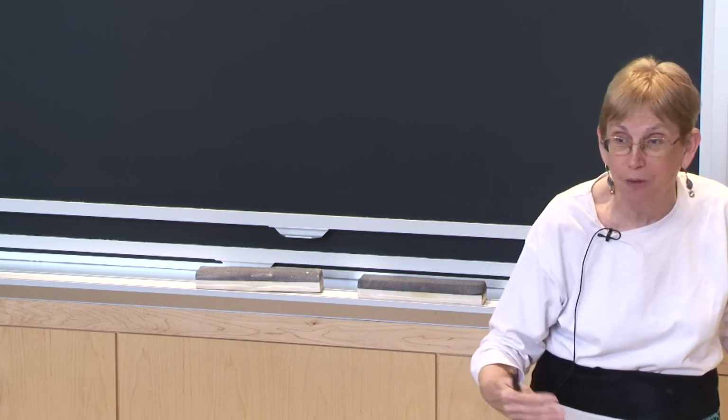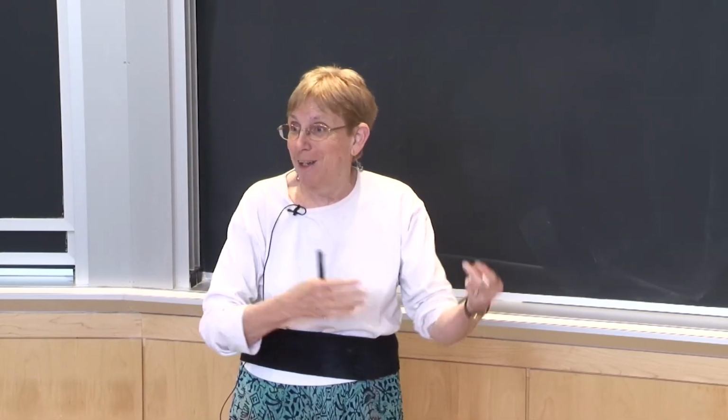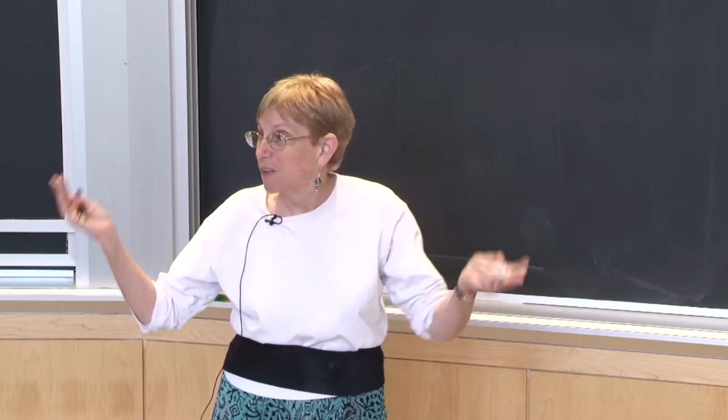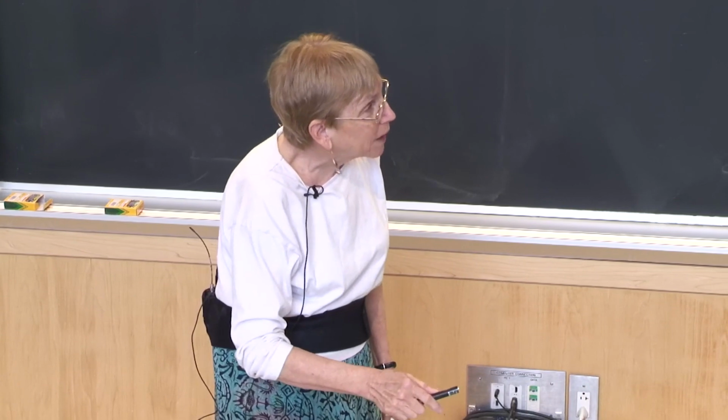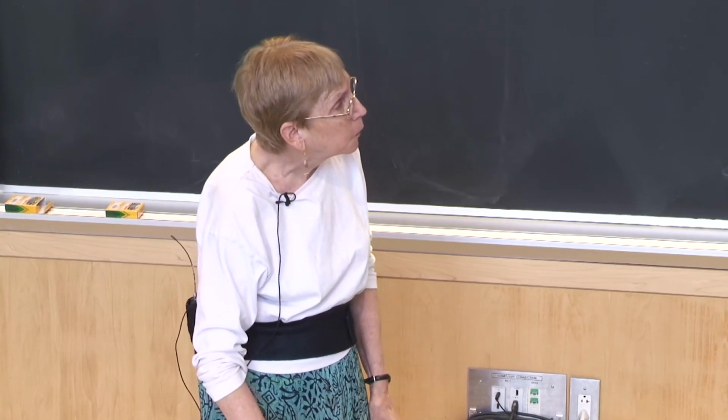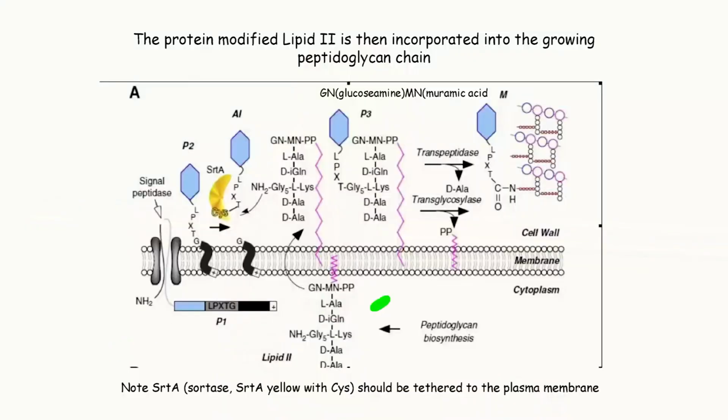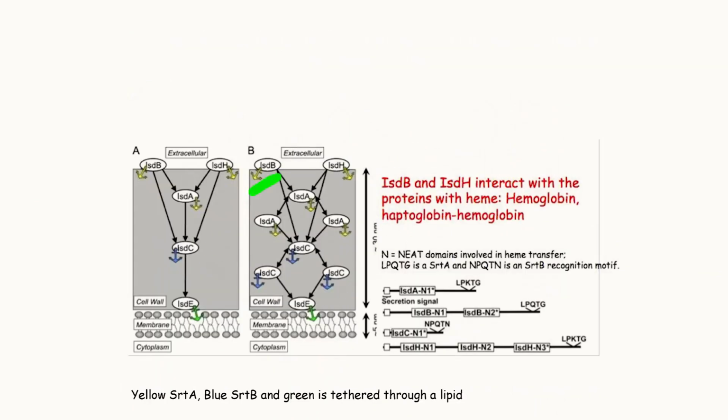So maybe with the imaging technology we have, in the next 5 or 6 years, somebody will figure out how this amazing thing is organized. So anyhow, we're able to attach these things covalently. And so here we are. We've got all of these things anchored.